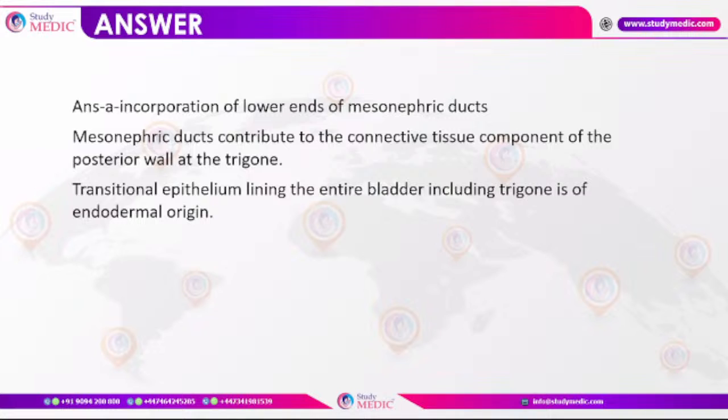Mesonephric duct is going to contribute to the connective tissue component of the posterior wall of the trigone. The transitional epithelium, which is going to line the entire bladder, including the trigone, is endodermal in origin. Whereas we saw the major urogenital system is originating from the intermediate mesoderm. So again, there's a difference that is seen in the trigone.